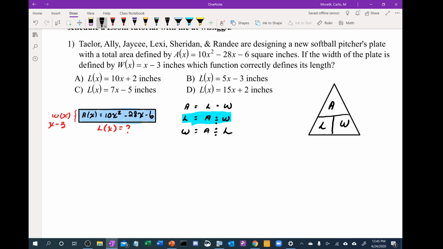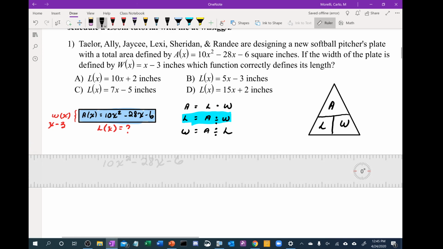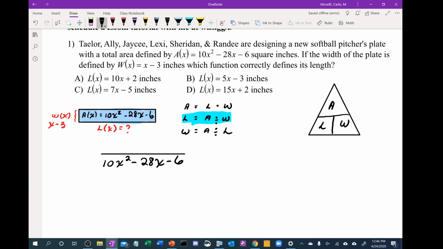So here's how we do that problem. We say 10x squared minus 28x minus 6 divided by, that's the area. We're going to divide the area by the width, which is x minus 3.